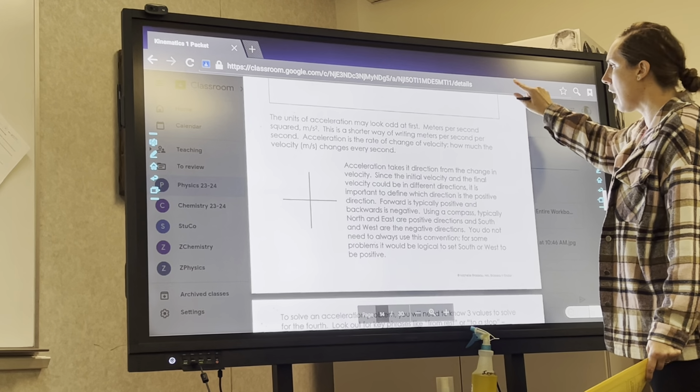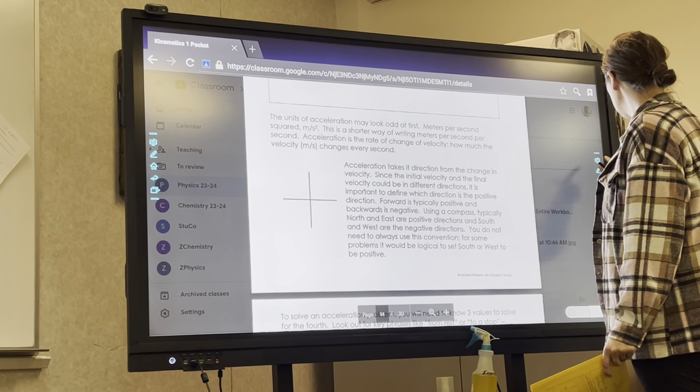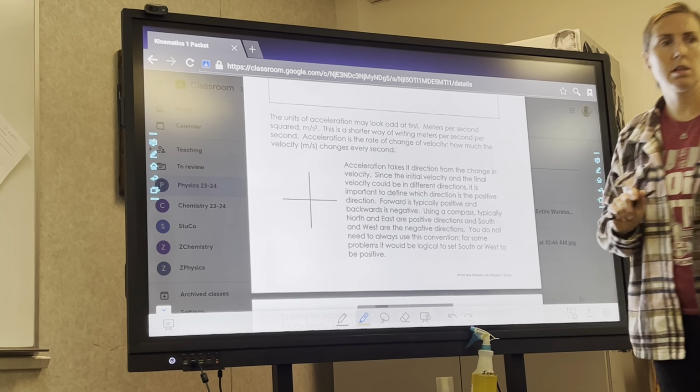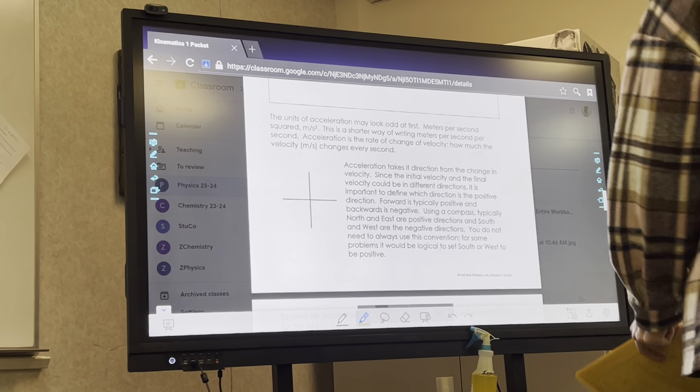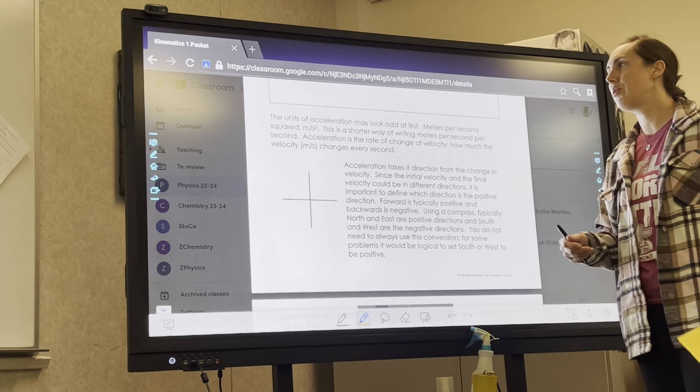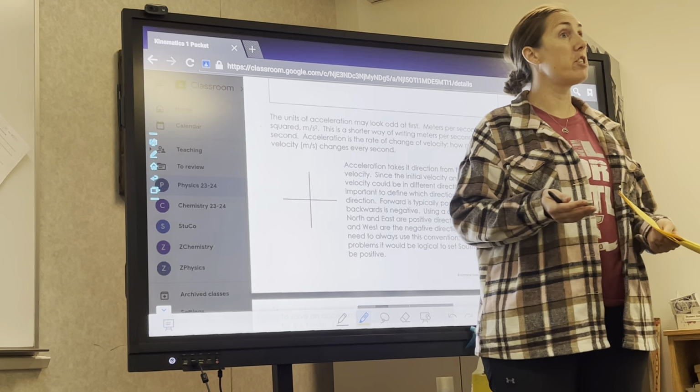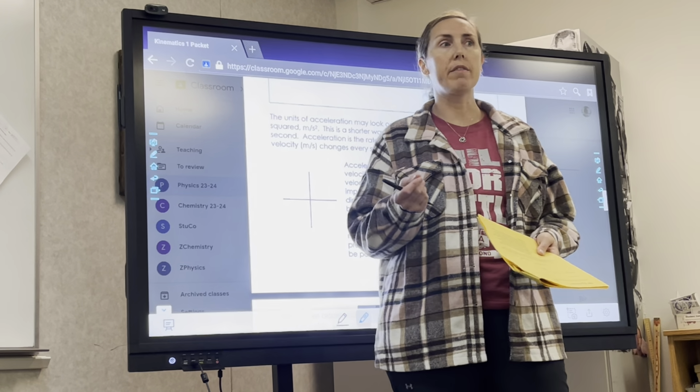The last thing I'll talk about very briefly is that when we talk about acceleration, we're going to get positive and negative coefficients.